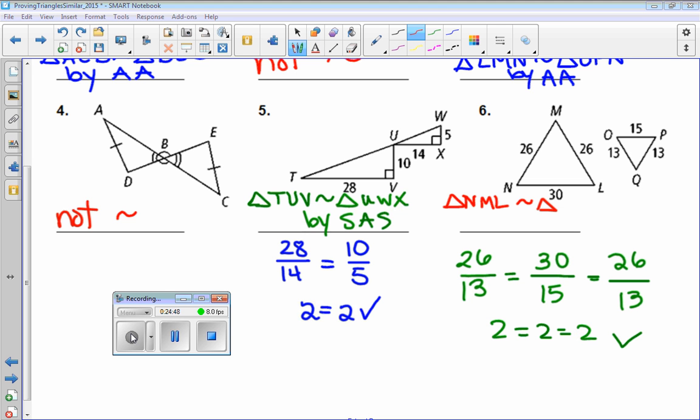Is there another letter it could work? P would work too, either one. Because if you notice, it's in between both 26 and 30. O is in between both 15 and 13. So either one would work. So I said O is fine. And then it would have to be Q. So OQP. It also could have been PQO. I would have accepted either. And that reason would be what? Side, side, side. Very good. Excellent.